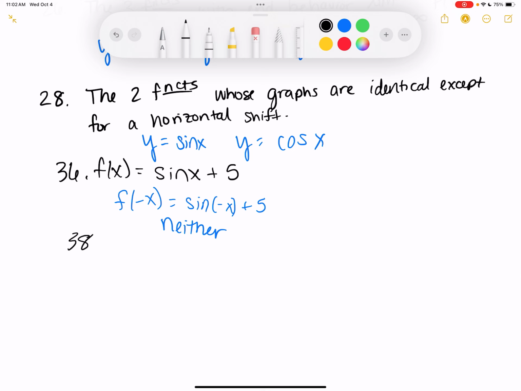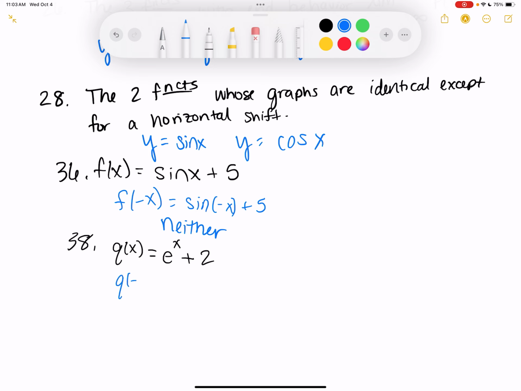38. Q of x is equal to e to the x plus 2. I don't know what's happening. So we put in negative x.